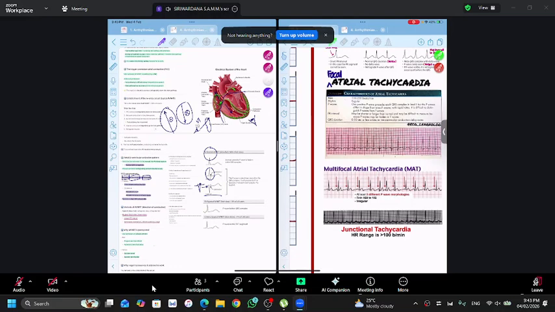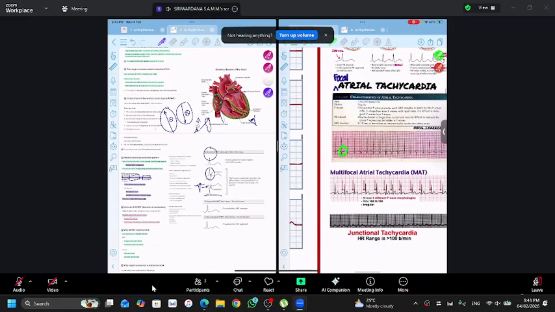In focal atrial tachycardia, the P-wave is abnormal, but within the ECG every P-wave is the same. All of them are abnormal, but look the same to each other. In multifocal atrial tachycardia, all of them are abnormal and they look different from each other as well.